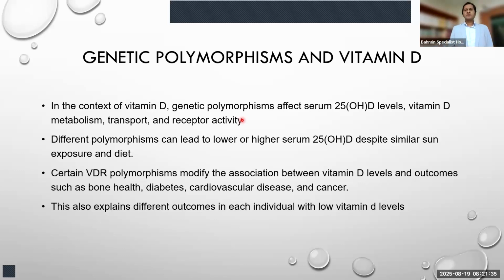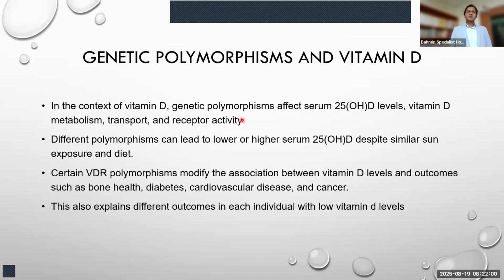So the genetic polymorphism shows that if two persons are exposed to the sun in similar circumstances, and they have the same skin color, they can produce a different amount of vitamin D when they are exposed to the sunlight. And in them, the same level of vitamin D can express different symptoms.